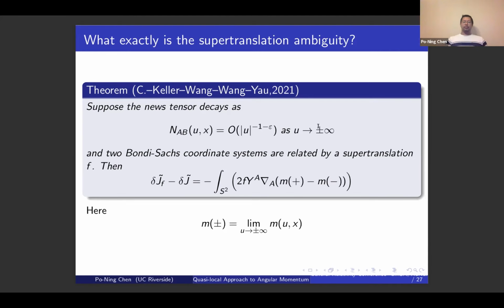Then the change of angular momentum observed in the two coordinate systems, the difference, is given by the following integral. So you take the mass aspect, take the limit at plus and negative infinity, then you apply the rotation field to it, multiply by f, then integrate on your surface. Okay, so this is then the supertranslation ambiguity.